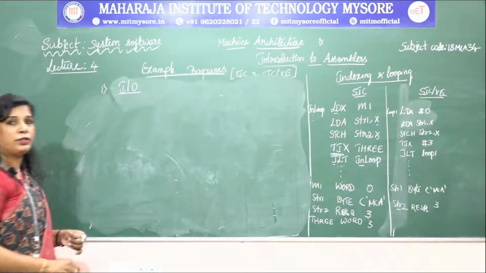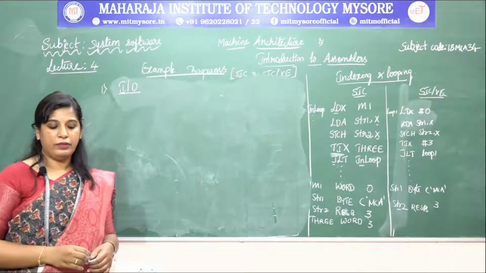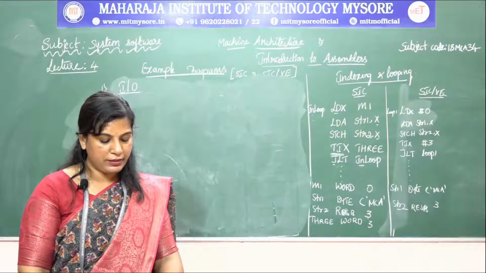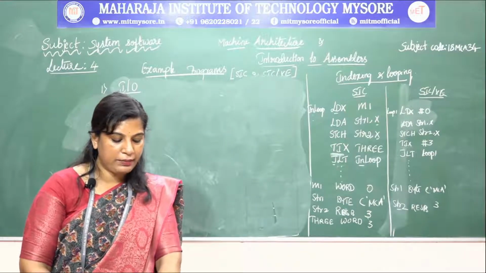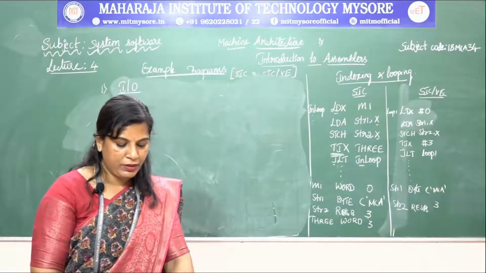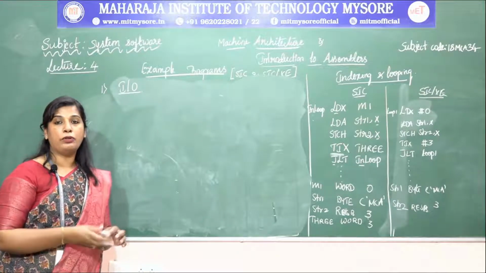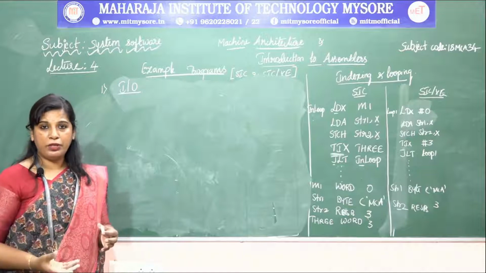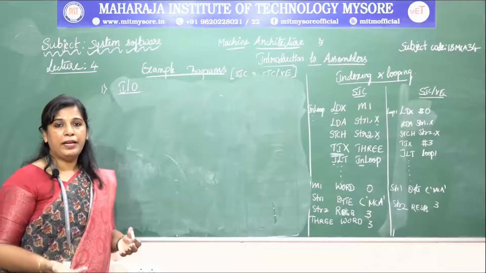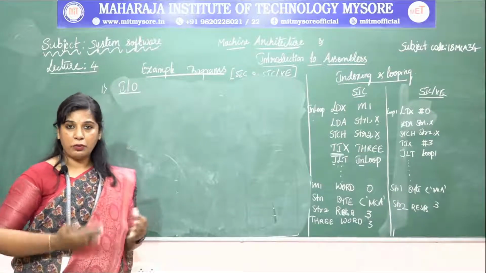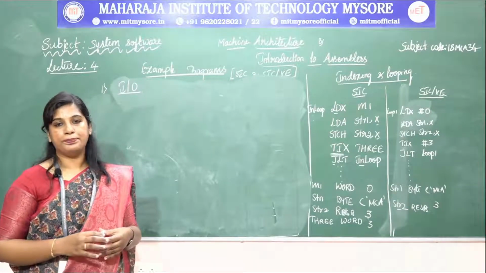Input output instructions mean that if you want to read data from some input device, we have to write the same data to the output device. Again, we'll take a simple example: I want to read a character from some input device, like the keyboard, and display the same on the monitor, right?